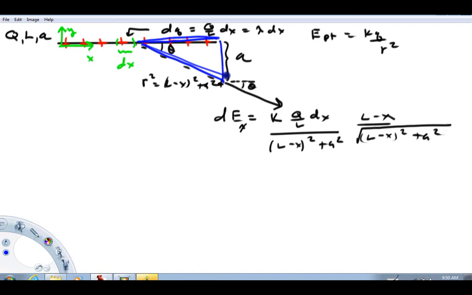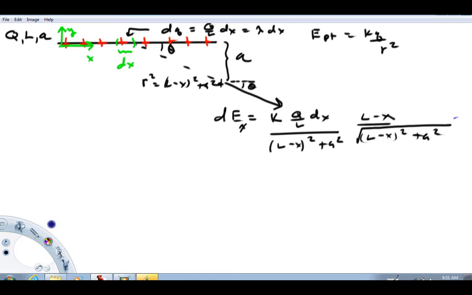So cosine theta is this over this, which yields that expression right there. It's a little bit more complex expression, but the nice thing is it still only has one variable, x. Had we written just cosine theta, we would either have to convert all our x's to theta or all our thetas to x. This now has it all down to one variable.